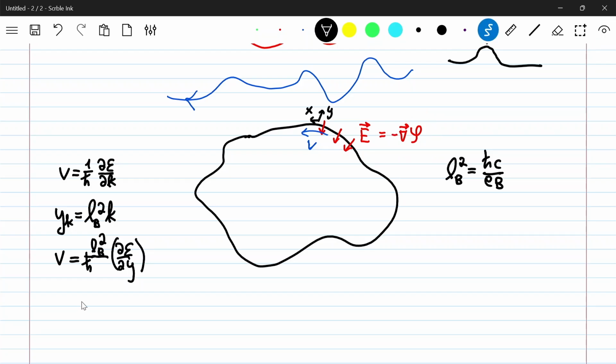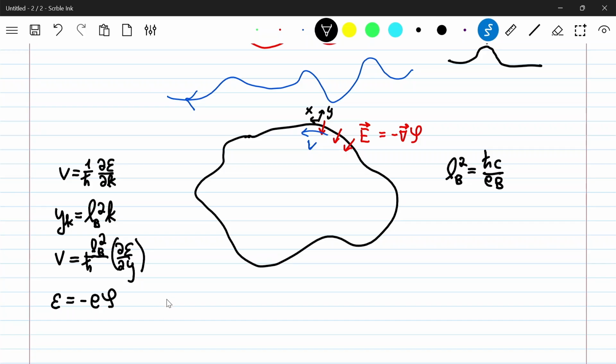So epsilon is actually just the electrostatic energy. That's the energy cost of having the confinement, and therefore its derivative is nothing but the electric field, right?